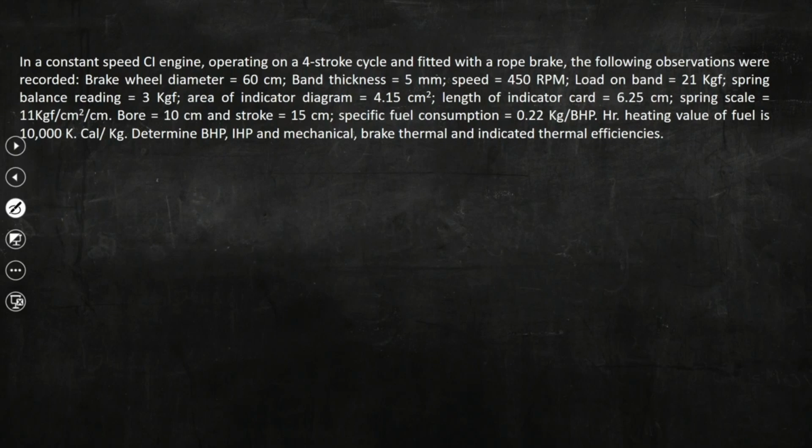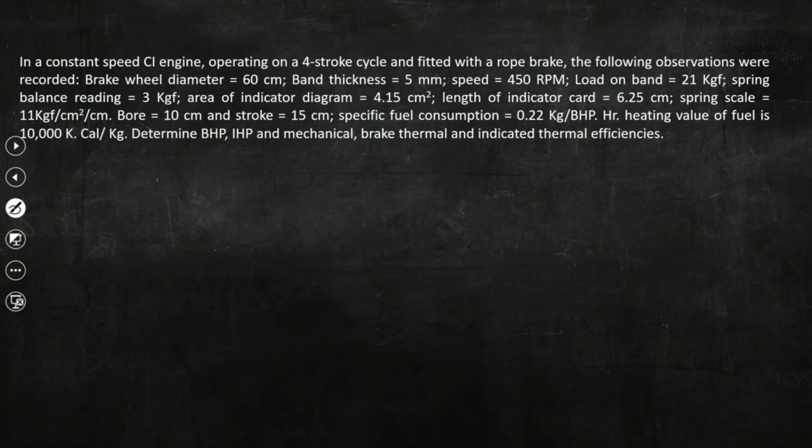In the previous problem we could calculate the brake specific fuel consumption, that was BSFC, but here it is given as specific fuel consumption, that is 0.22 kg per brake horsepower per hour. Heating value of the fuel is 10,000 kilocalorie per kg. Determine brake horsepower, indicated horsepower and mechanical, brake thermal and indicated thermal efficiencies.